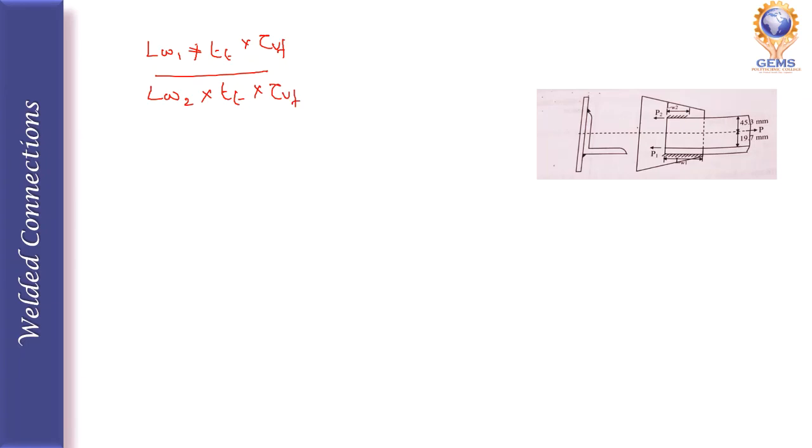Here both TT and tau Vf are common. So LW1 by LW2 is equal to 45.3 by 19.7, which is 2.299. So LW1 is equal to 2.299 LW2.